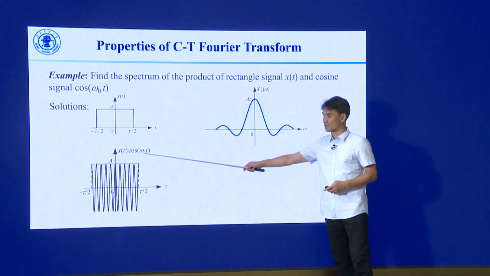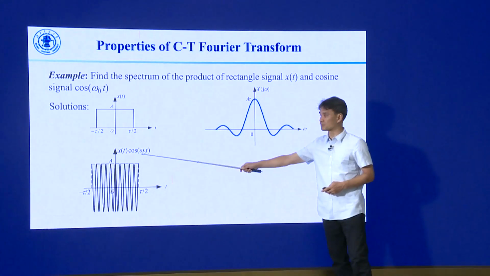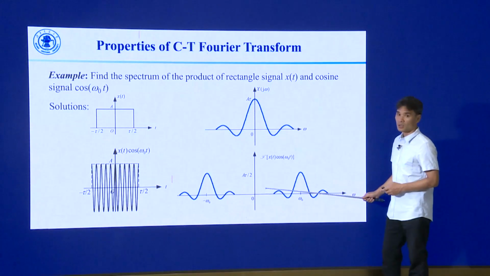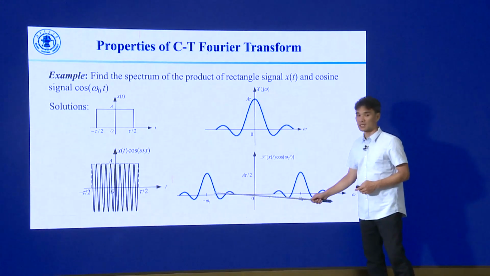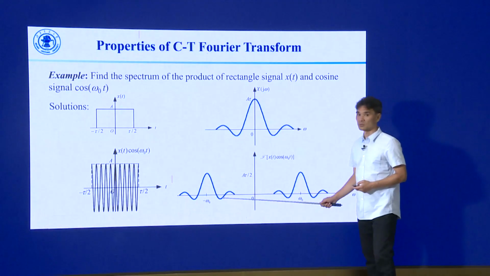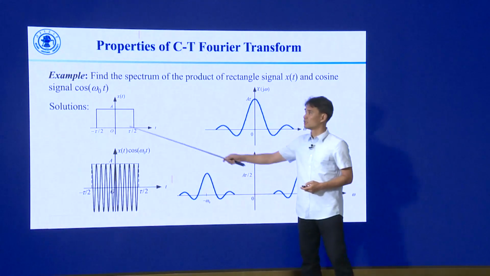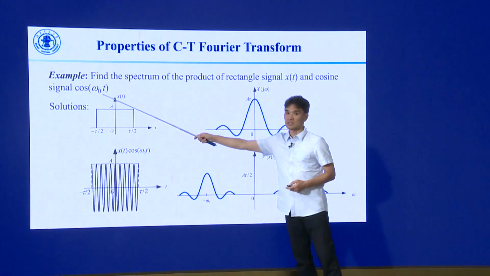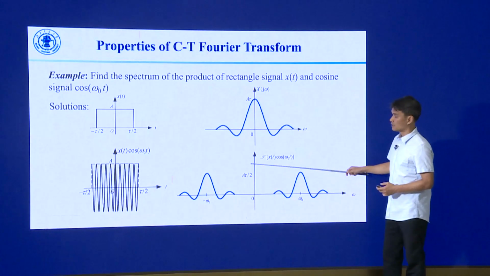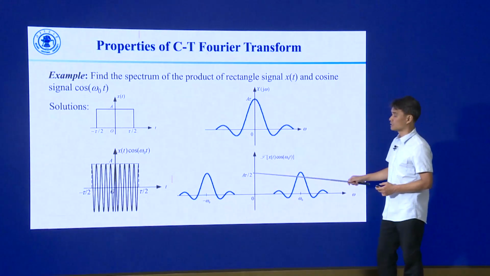Because we use the Euler equation to break this part into two parts, the spectrum will shift towards the left and right by a certain amount of frequency, which happens to be the frequency of the original cosine function, and the amplitude of the spectrum will be reduced by half.